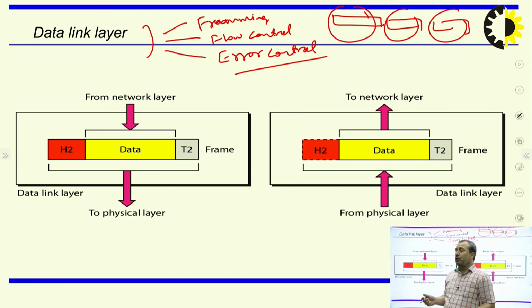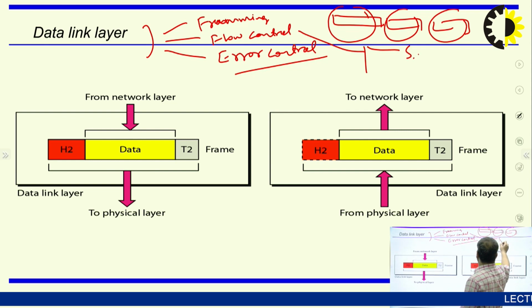This should not happen. Flow control is basically the technique to control the flow of the bits, so that there is no mismatch. There are some techniques, say stop and wait, and sliding window.